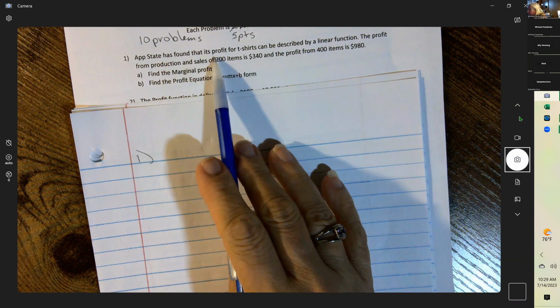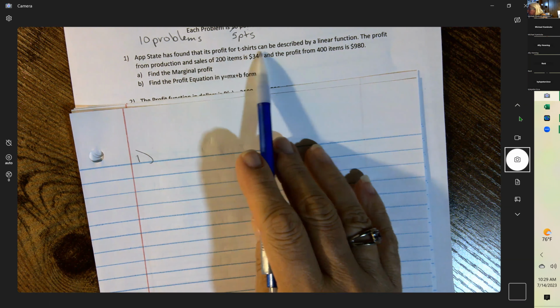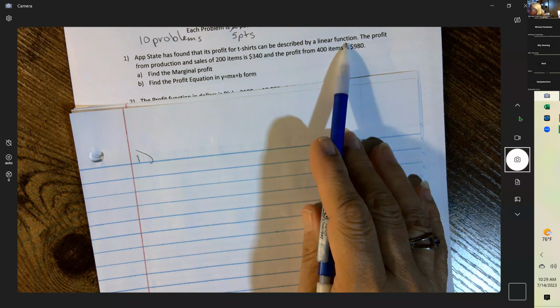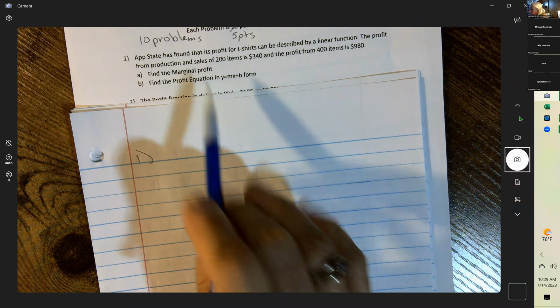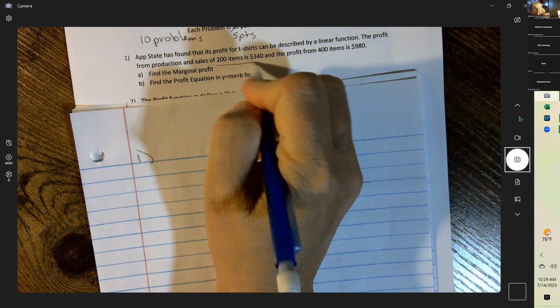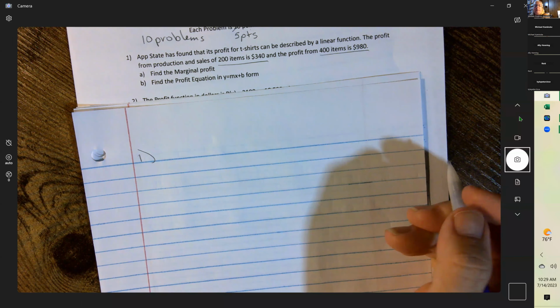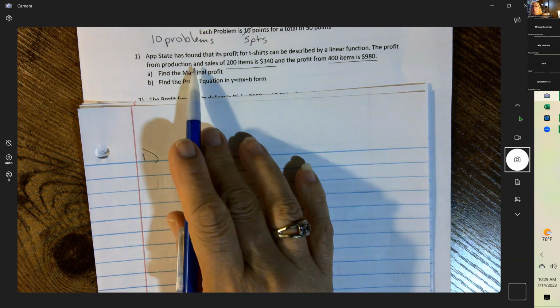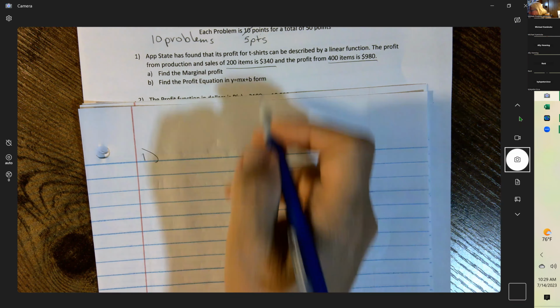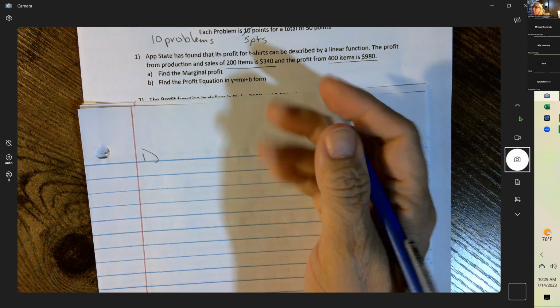App State has found its profit for t-shirts can be described by a linear function. The profit from producing 200 items is 340. The profit from 400 items is 980. Find the marginal profit. Marginal profit is the same as your slope. So if it said find the slope, same thing.